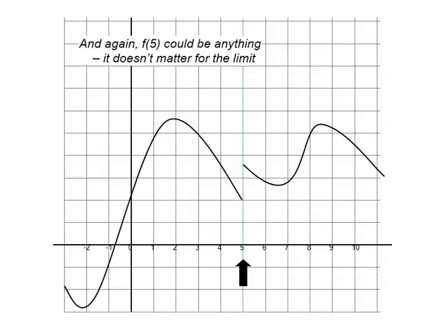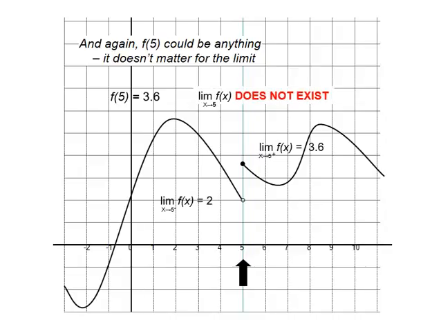Oh. Again, f of 5 could be anything. It does not matter for the limit. F of 5 could equal 2, and since the limit from the left and the limit from the right are different, the limit does not exist. F of 5 could be 3.6, and the limit does not exist. The value of the function at 5 could be 3, somewhere in the middle of the two, but the limit still does not exist.